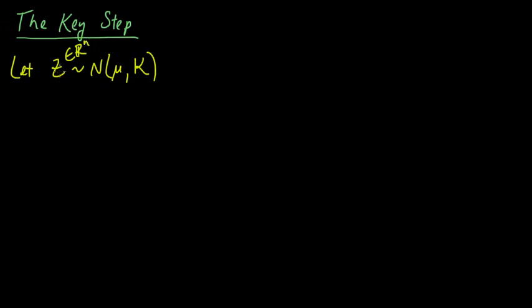Before we were using z for a Gaussian process, but now I want to emphasize z is just a multivariate Gaussian. And let's also take another normal random variable, epsilon, with mean 0 and variance sigma squared times the identity. And let's take these two random variables to be independent. So z is independent of epsilon. Okay, and epsilon also will be in Rn.